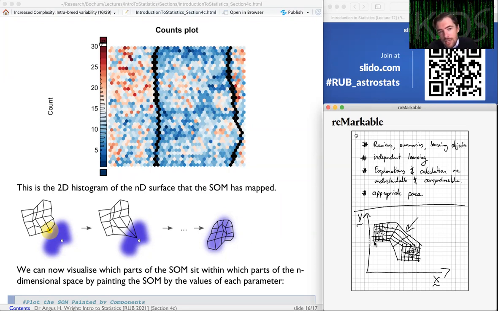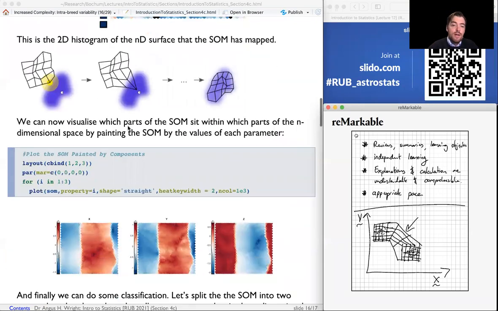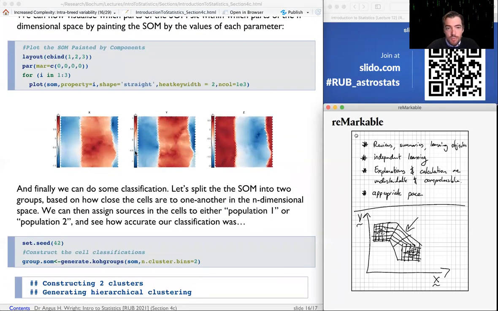So the first cell is this cell here, then the second is this one, then third, fourth, fifth, sixth, seventh, eighth, ninth, 10th, etc. Which means that if I now paint this by X and Y and Z, what I should see is that these cells all have similar X values, these cells all have similar X values that are different from these X values, etc. And I can do that, and indeed that's what I see.